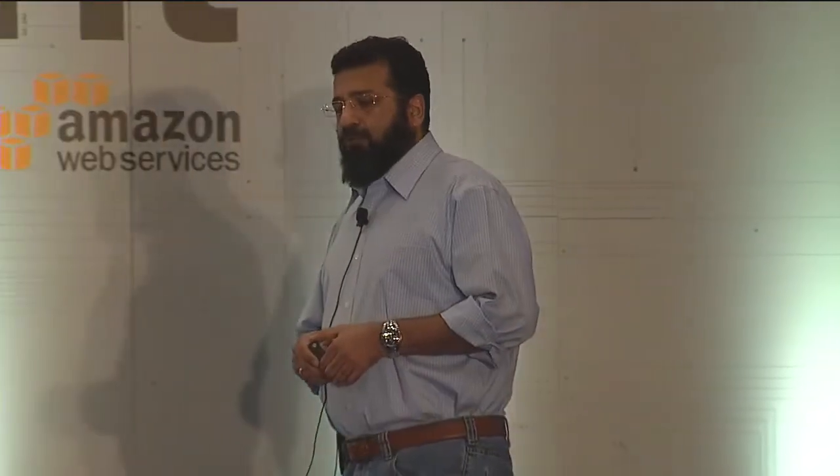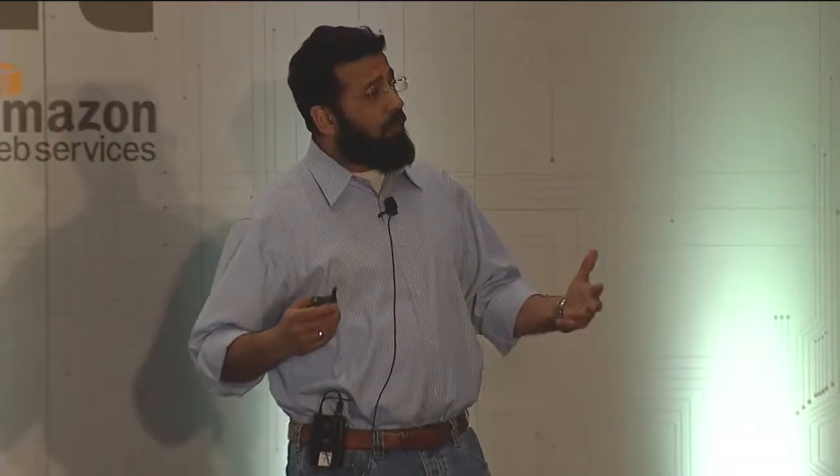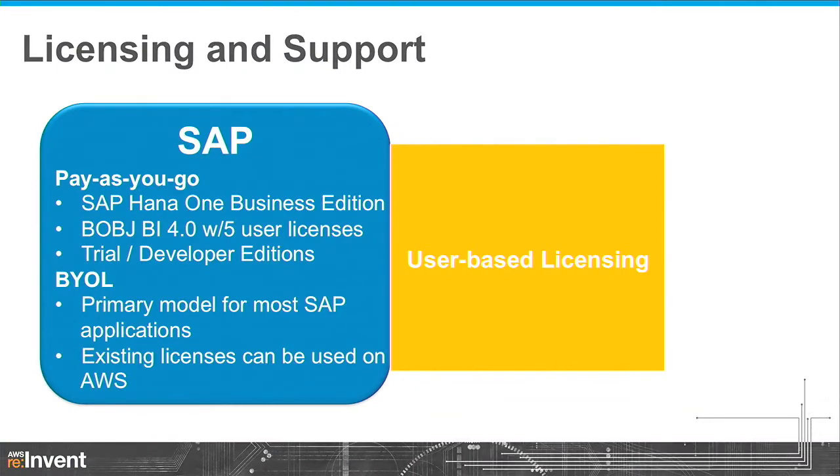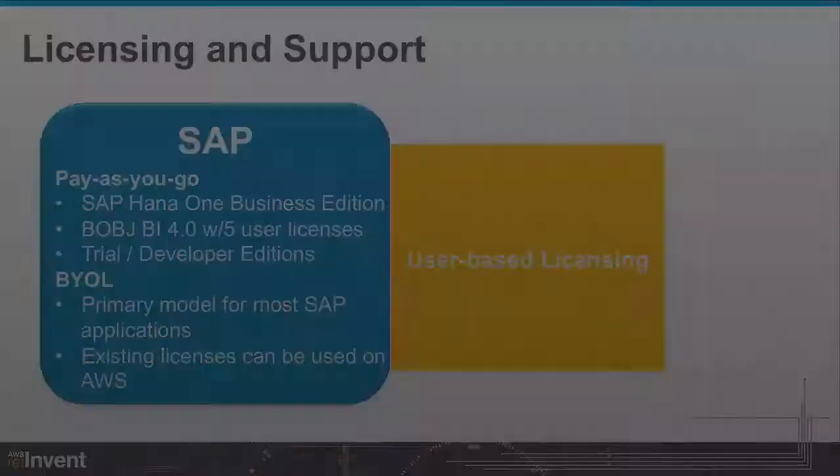Kind of like, in a way, similar for SAP as well, both pay-as-you-go and bring your own license. For SAP, there are a lot more products available for pay-as-you-go. SAP HANA, which is one of their new products, an all-in-memory database, a fantastic product, is available through Marketplace for 99 cents an hour. So you don't need to buy a license in perpetuity.